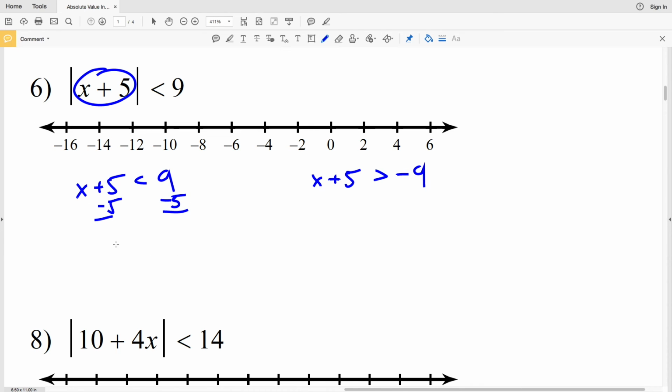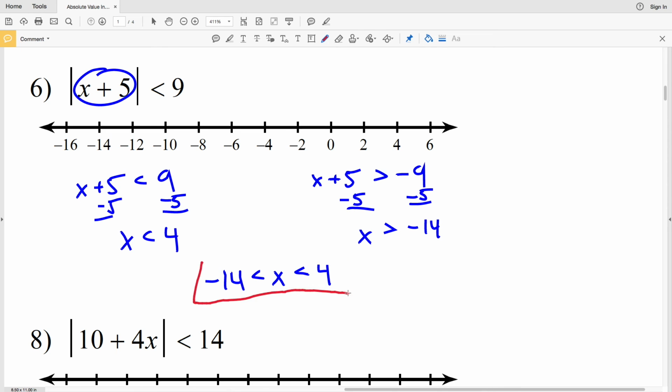When we do that for the first inequality, we get that x is less than +4. When we subtract 5 from the second inequality, we get that x is greater than -14. So we can rewrite those two as -14 is less than x, which is less than +4.